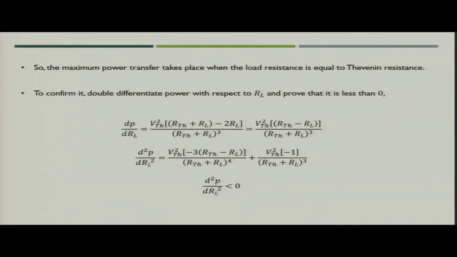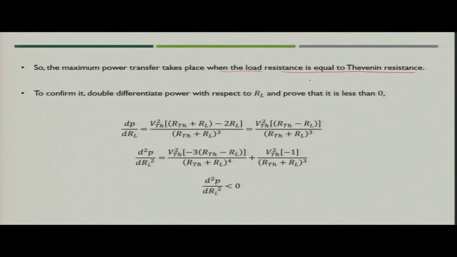As we discussed in the previous class, maximum power transfer takes place when the load resistance is equal to the Thevenin resistance. This we derived by taking the derivative of power P with respect to RL, which is the variable.